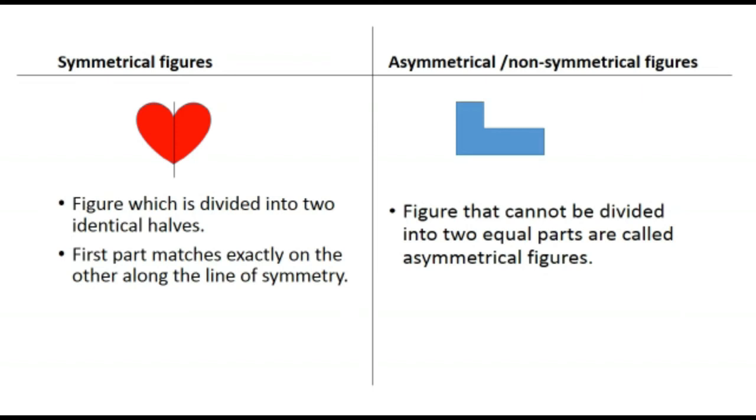The first part matches exactly on the other part along the line of symmetry. On the other hand, a figure that cannot be divided into two equal parts, or two identical halves, is called an asymmetrical figure or non-symmetrical figure.